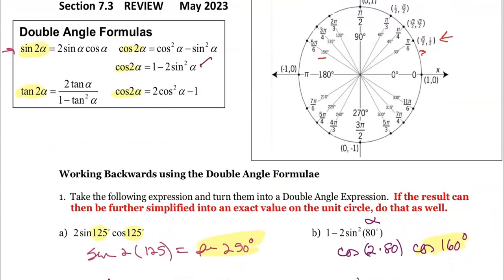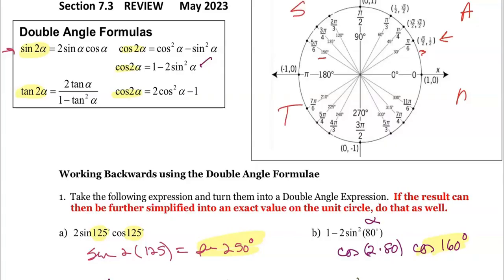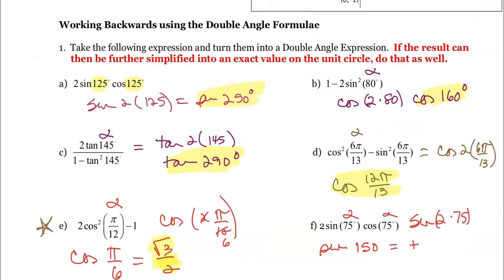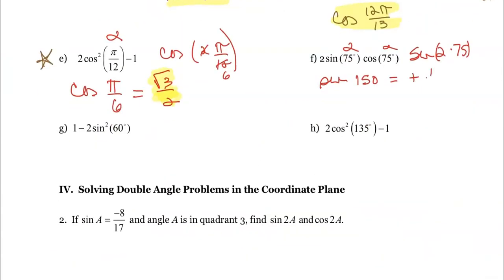And that all comes from All Students Take Calculus. Okay, so I had gotten the 150. I see the reference angle is going to be pi over 6. I'm looking for sine. Sine is the second value, so that's going to be positive 1/2. Always put the sign down so that you know you evaluated it.